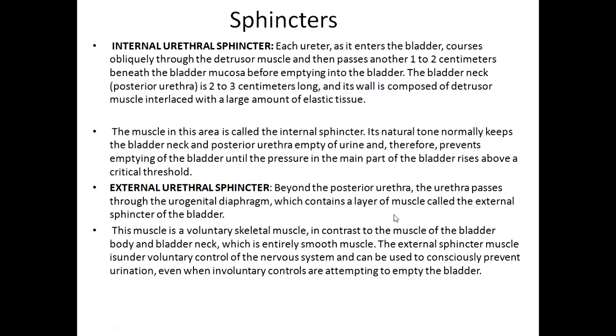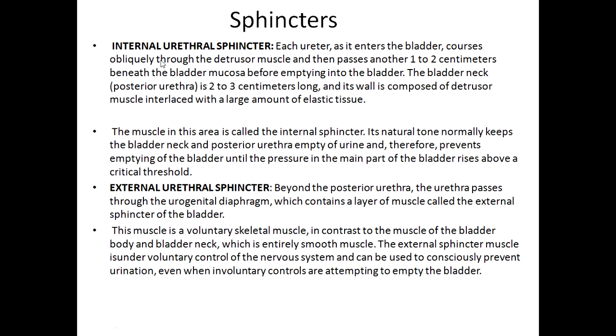Again the urethra continues downwards, piercing the urogenital diaphragm, which contains a layer of muscle called the external sphincter. This muscle is voluntary skeletal muscle in contrast to the muscle of the bladder.